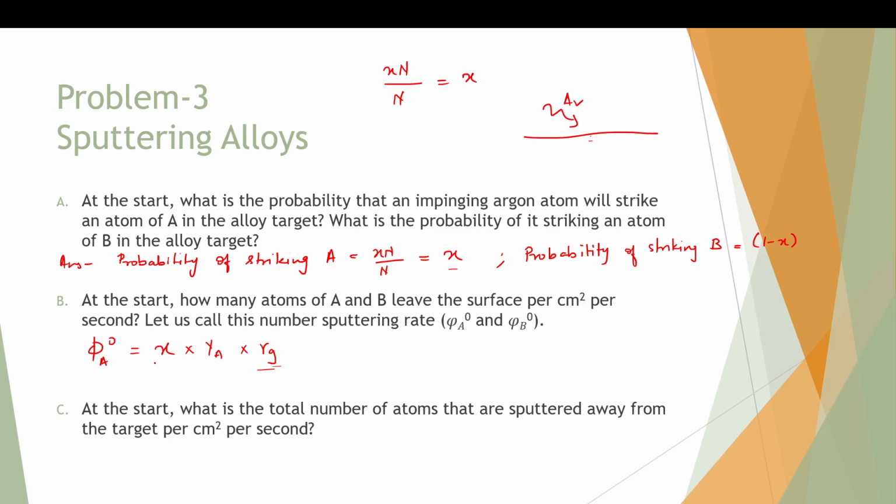The probability of it hitting A is given by x. And thirdly, if it has hit an A atom, what is the probability that the A will get sputtered? That is given by the yield Ya. So that is the sputtering rate that we require. Similarly, what will be phi b? Phi b will be 1 minus x times Yb times Rg, right?